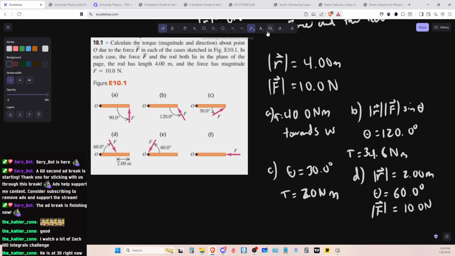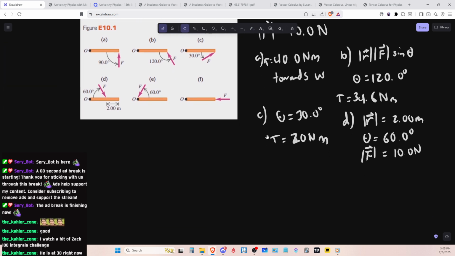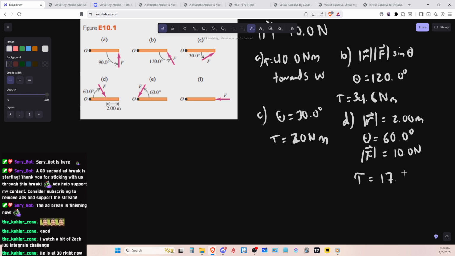So sine of 60 degrees. So the torque, or at least the magnitude of the torque, is 17 newtons.